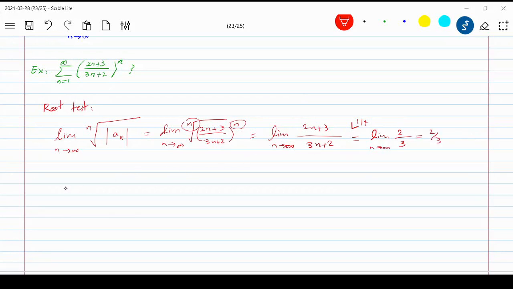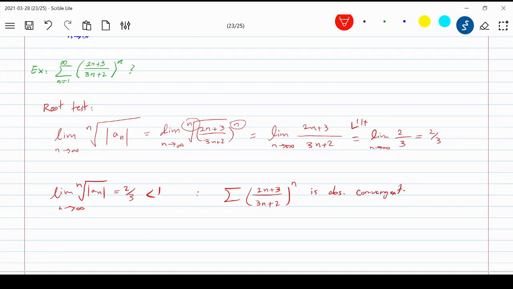So what we end up with is that the limit of the nth root of the absolute value of a_n was a number, 2/3, less than 1, as n approaches infinity. If that happens, by the root test, I can say that the summation of ((2n plus 3) divided by (3n plus 2)) to the power n is absolutely convergent.